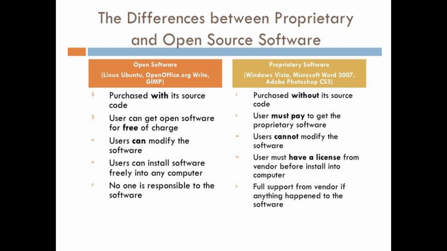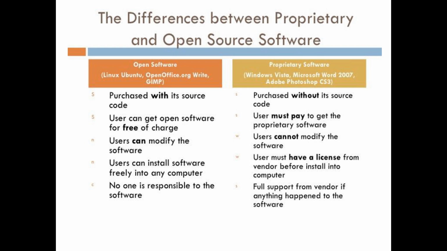So far we have seen five important differences. Open source is purchased with the source code. Proprietary software is purchased without the source code; the source code will not be given. Open source you get almost free of cost, but in proprietary you have to pay and use it.